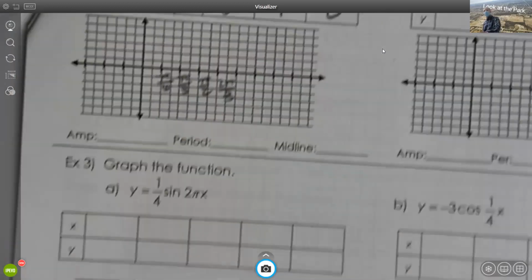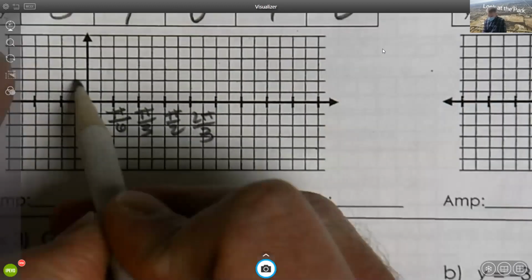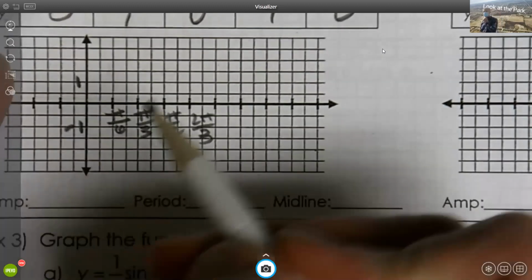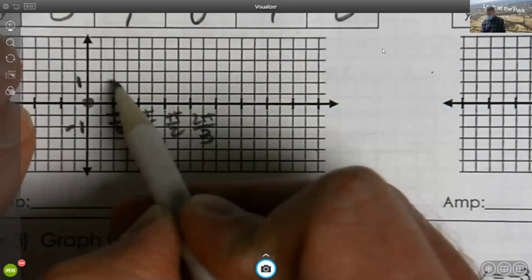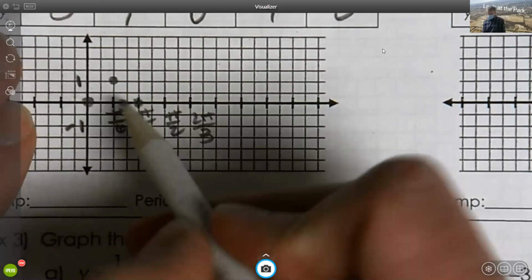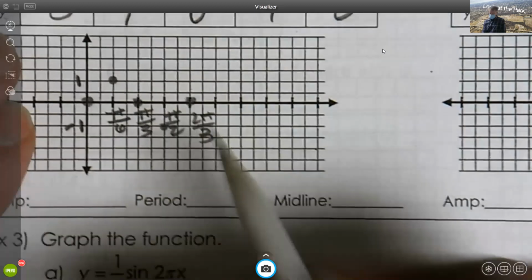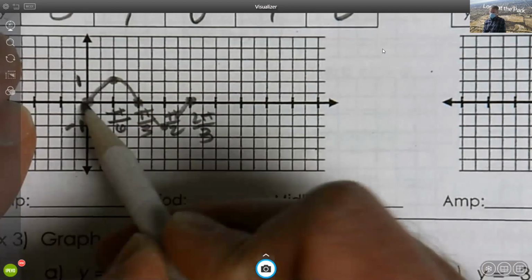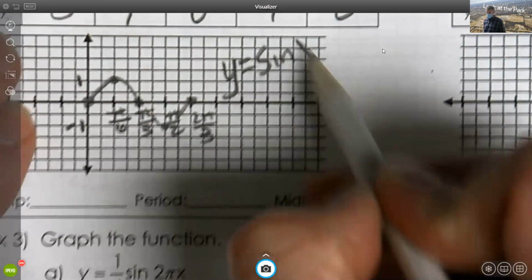All right, that came right off the table. Looks like we could have room to count by 2s in this case. So we'll be at 0, going up to 1 at pi over 6, then back to 0 at pi over 3, down to -1, and back to 0. So we curve right around there for our sine of x.